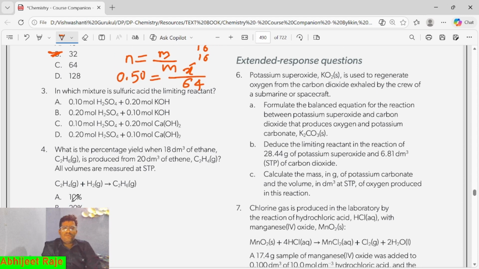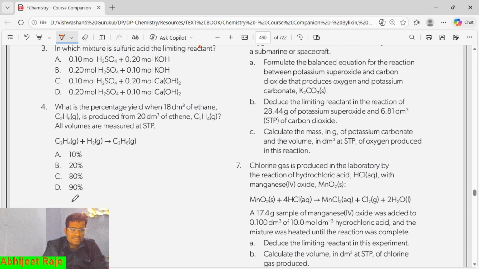In which mixture is sulfuric acid the limiting reactant? Always remember, whenever such types of equations are given, the first task is writing the balanced equation. Forget the mole and all. First task, write the balanced equation. Go to the back side of your paper or rough page and start writing: H2SO4 reacts with KOH.